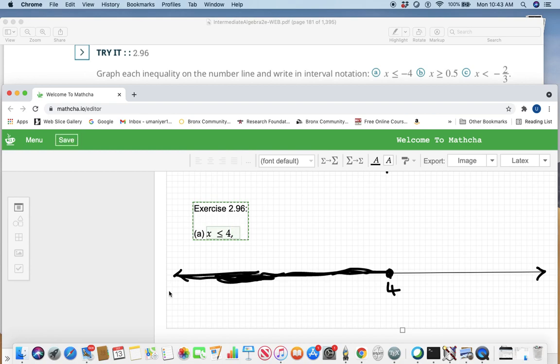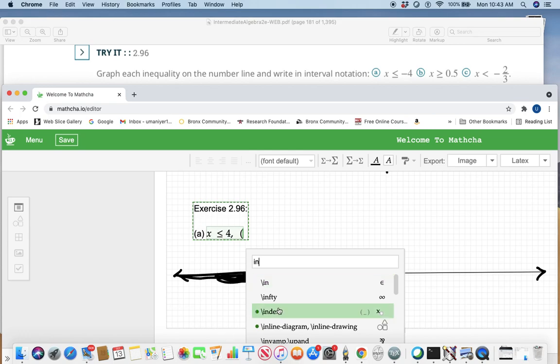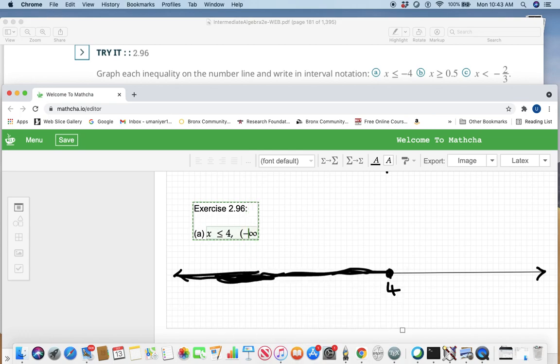Interval. You always start from the left. Left endpoint is not a point. It is a concept, negative infinity, until the right endpoint, which is 4. 4 is a filled in point, so you have to use brackets.